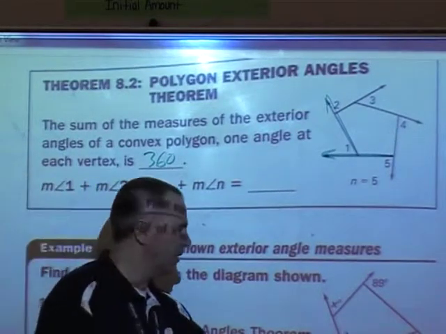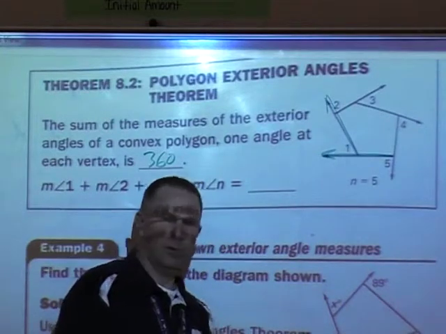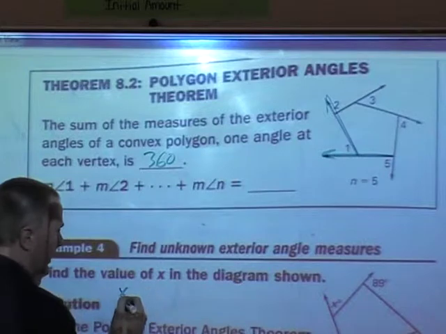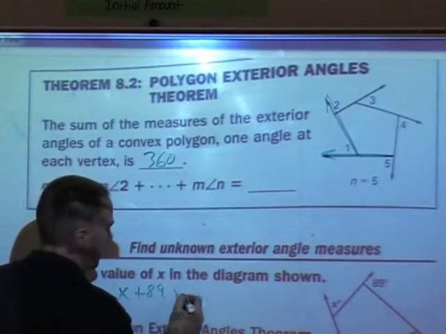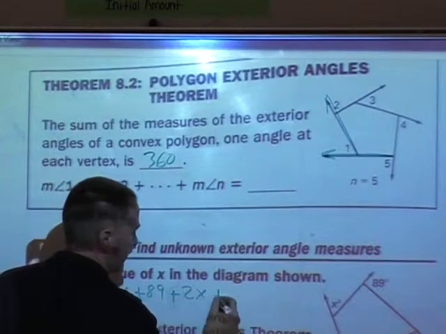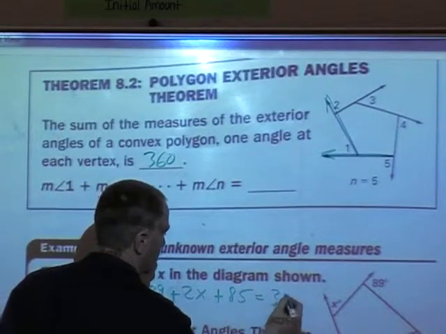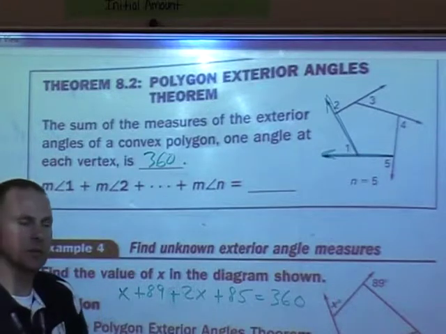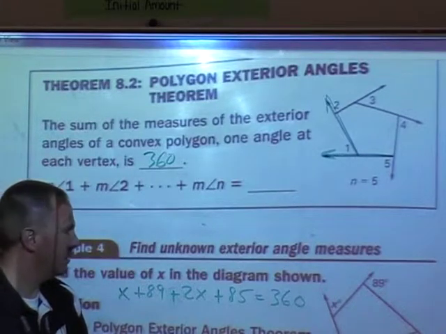So I want to know what, in this problem, we get for an answer. So what we do is we add all these together. So x plus 89 plus 2x plus 85. That should equal 360. All right, so combine like terms, subtract, and tell me what you get for x.